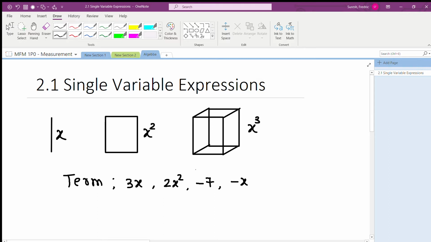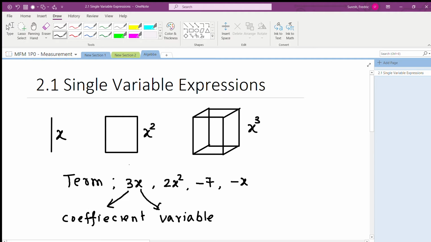So these are all examples of terms. When you have examples of terms, there are some things you need to think about. The number in front, that is called a coefficient. No, that spelling is not right, but anyways, that's a coefficient. And the x is called a variable.